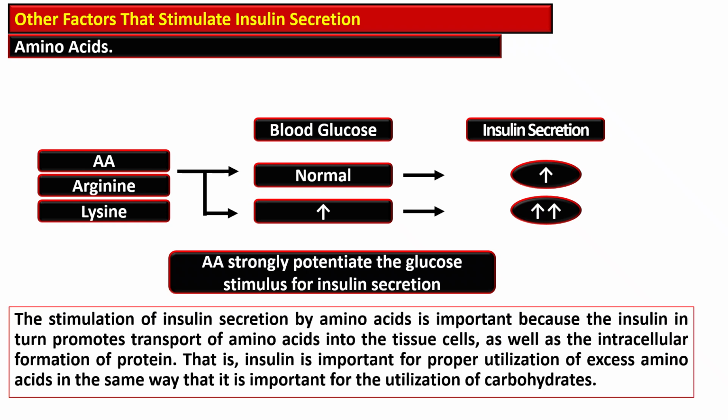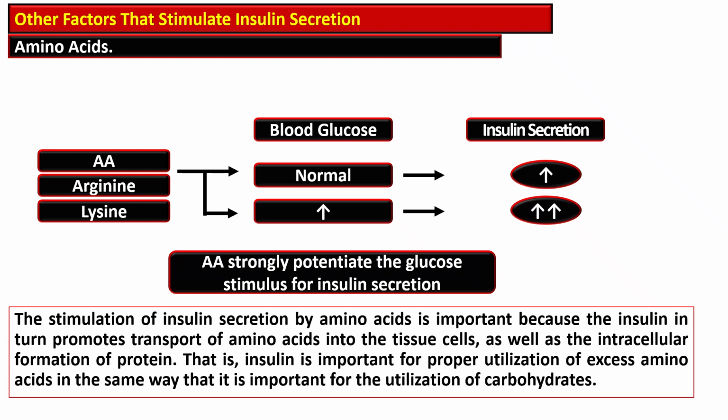The physiological importance of this mechanism is that the insulin secretion in response to amino acid ensures increased uptake of amino acid into the tissue cells and enhanced protein synthesis inside the cells.